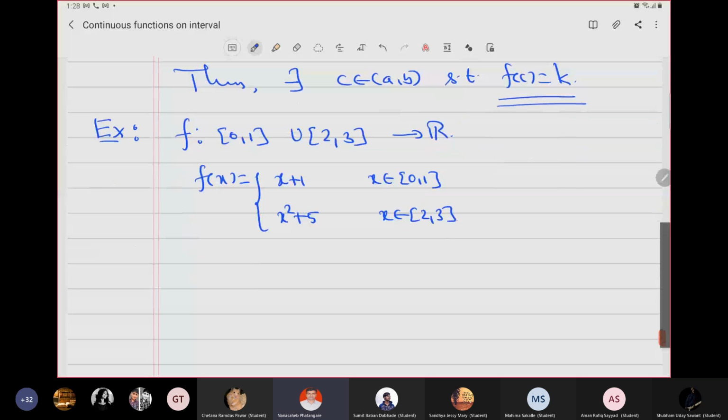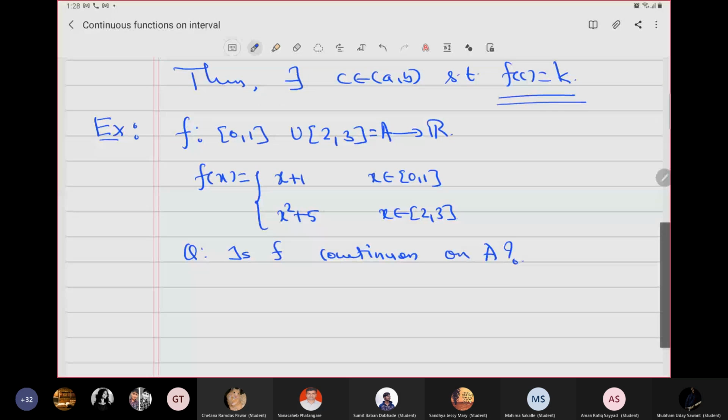Now my first question is, is f continuous on this set? My set is this 0, 1 union 2 to 3. Is this function continuous? Yes, sir. Fine. Why is this function continuous?